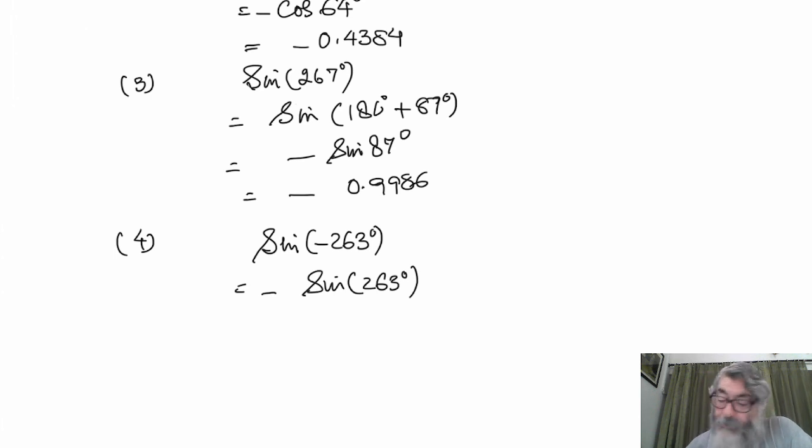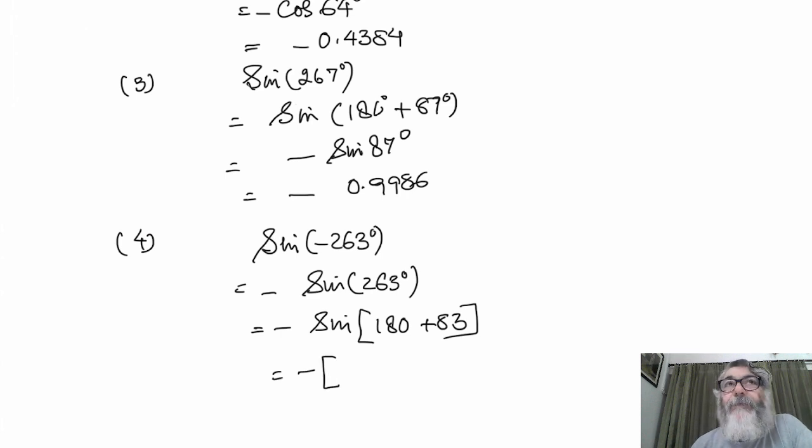Now sine 263 is written as sine 180 plus 83. Sine 180 plus 83 means again it goes into the third quadrant, and in the third quadrant sine is negative, so minus sine 83.